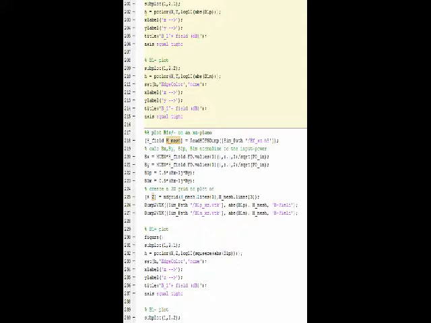Following that, we have BX and BY calculated just like in the lecture we taught. B1P refers to B1 plus, represented as the imaginary part of the magnetic field is plus. And B1M refers to the magnetic field B1 minus, where the imaginary part is deducted.